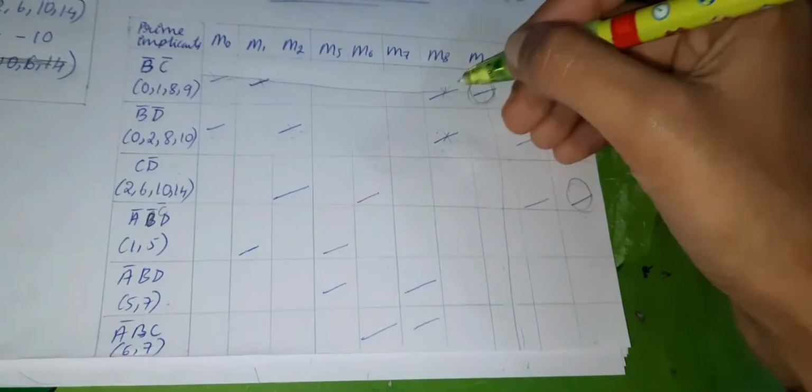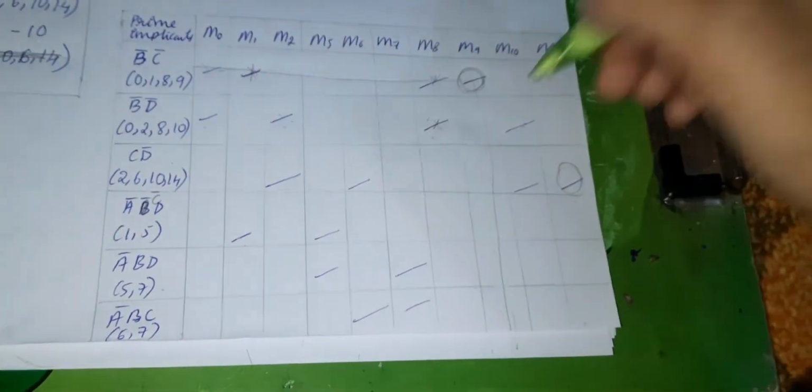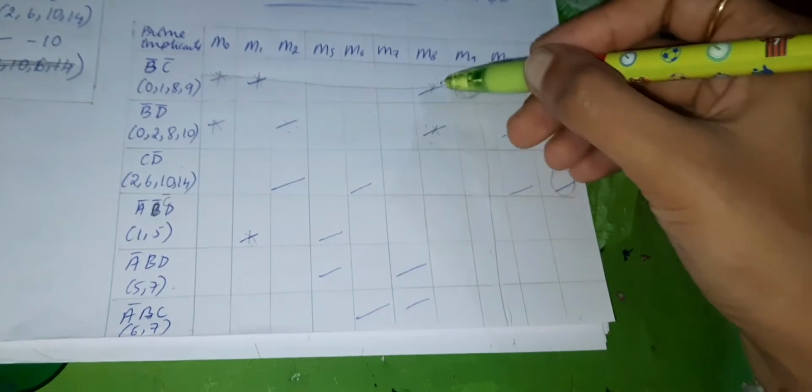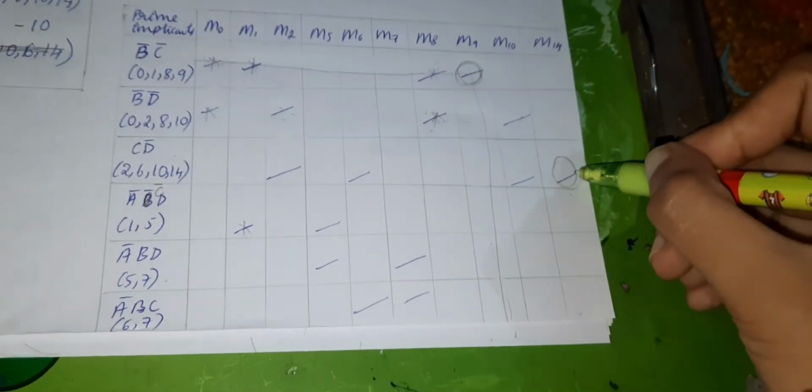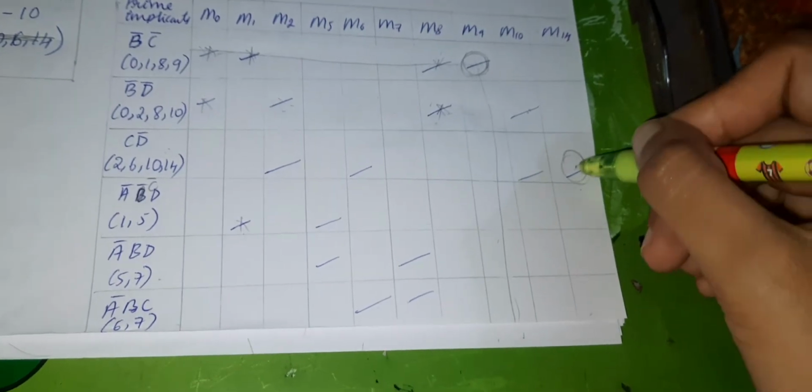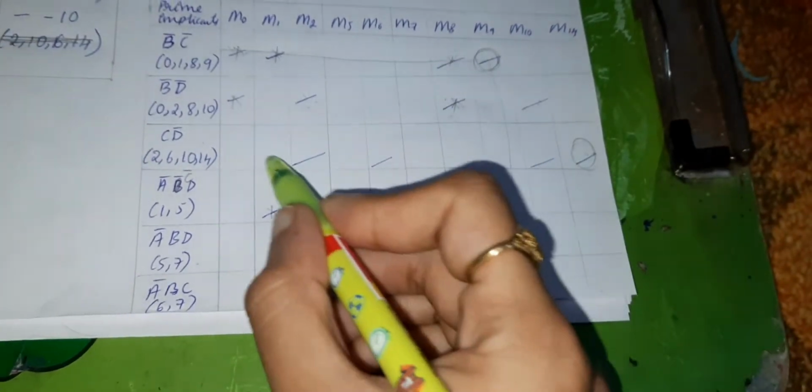Then strike off those tick marks that is present in the same row and same column, and here also, and this one here, and this one here. And now similarly do it for this also.